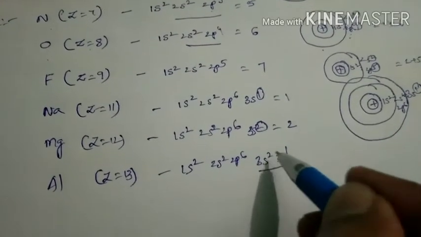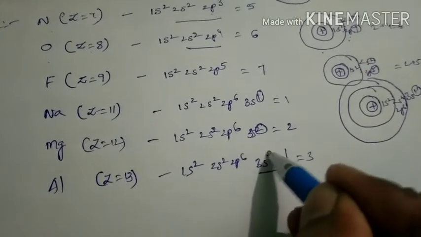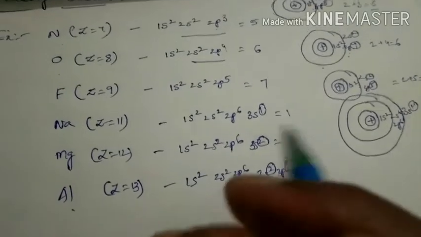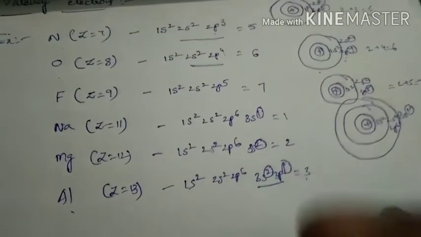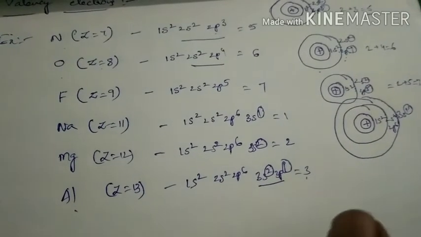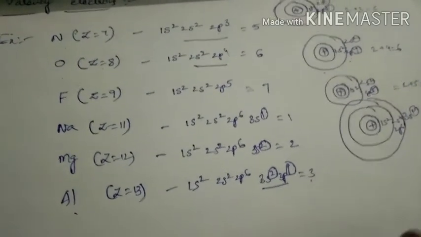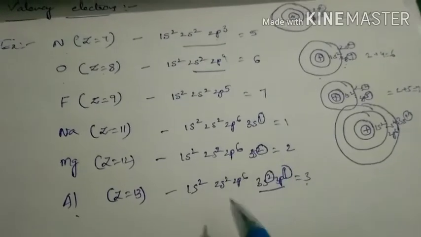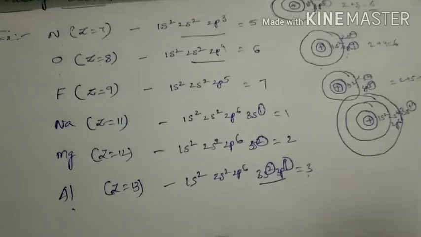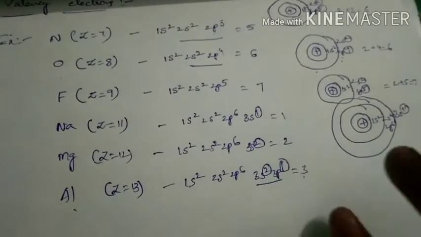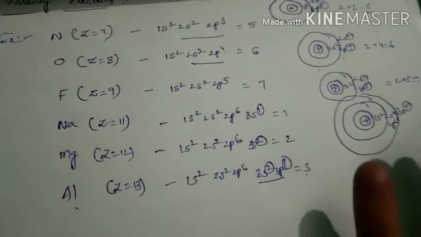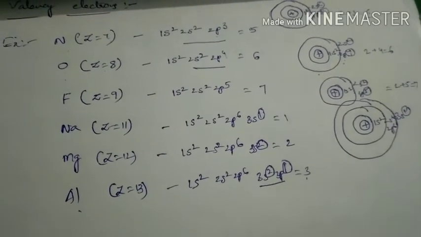This is the valence shell, so 2 plus 1, how many? 3. That means there are 3 valence electrons in aluminium. So what is the definition of valence electrons? The number of electrons present in the outermost orbit is called valency electrons. To find the valence electrons, you should know how to write the electronic configuration. Without knowing the electronic configuration, you can't get a clear idea about valency electrons.